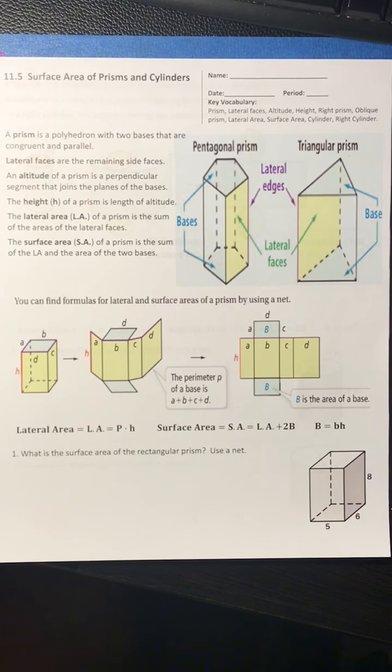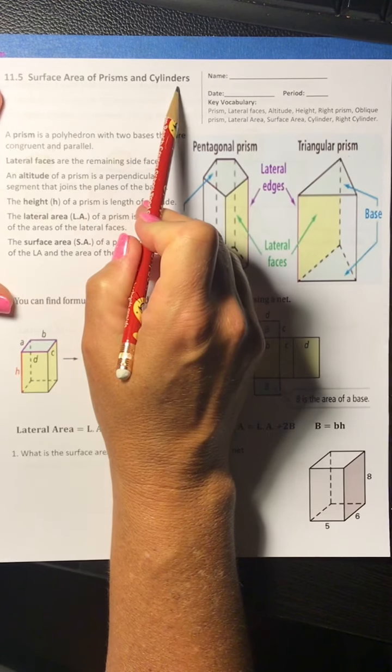So we're talking about surface area. Just like in volume, we're going to start with prisms and cylinders.